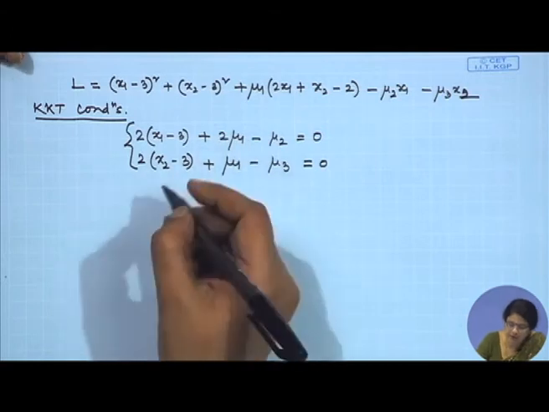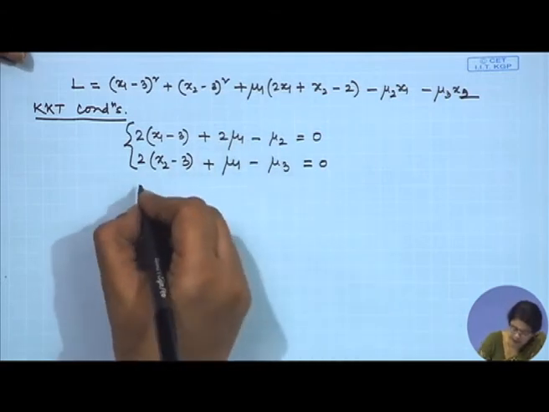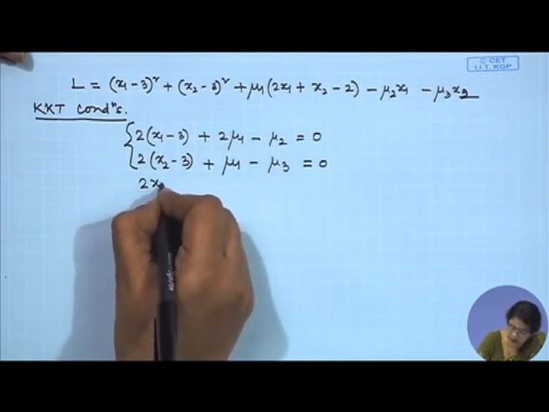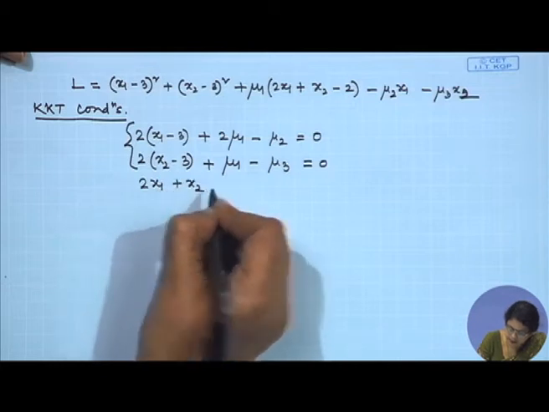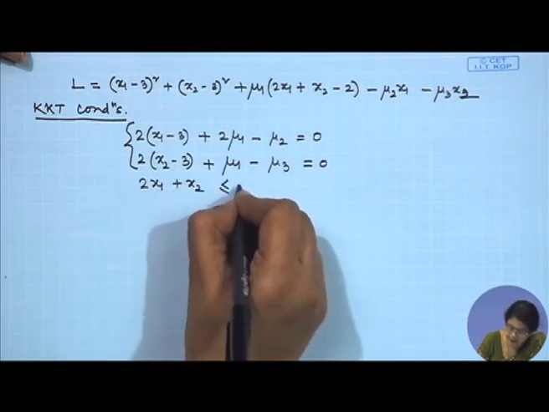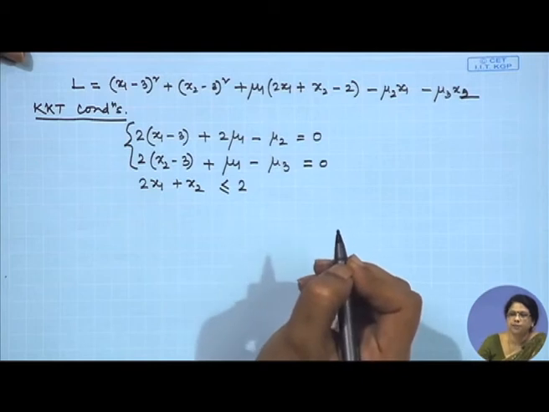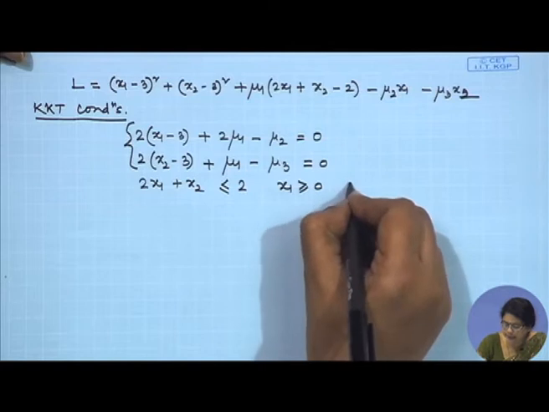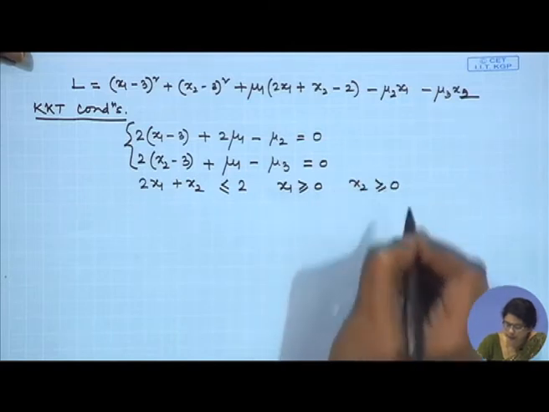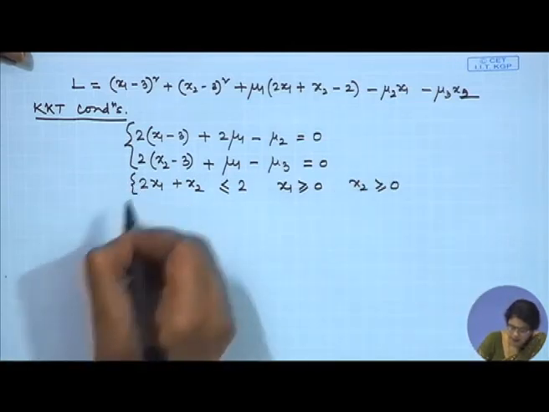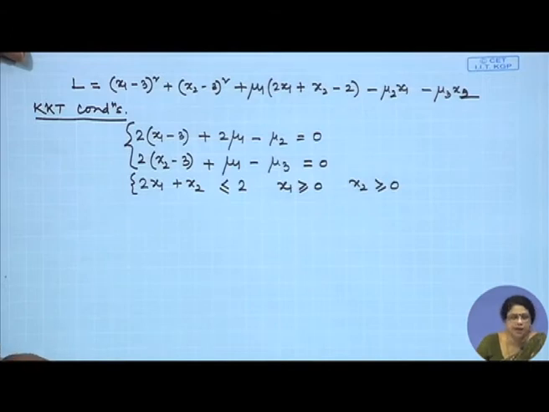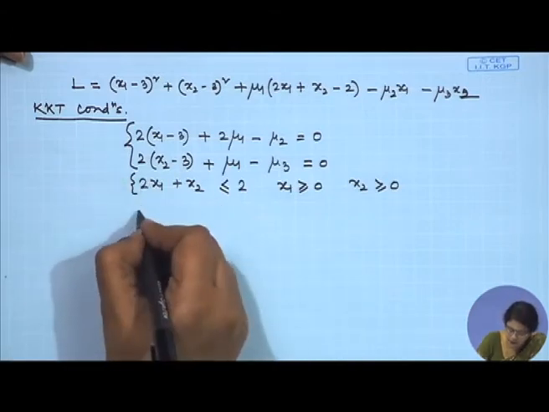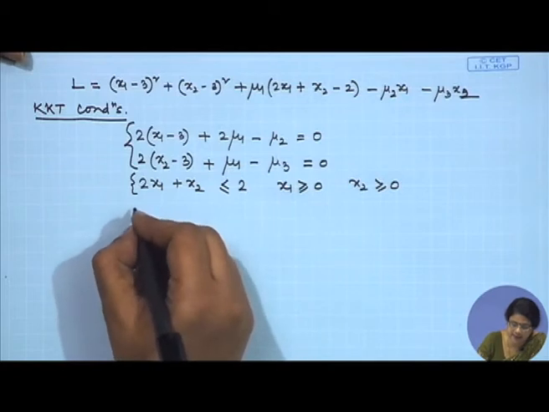What will be the feasibility conditions? The feasibility condition will be 2x1 plus x2 must be less than or equal to 2. What else? Minus x1 less than or equal to 0, rather x1 must be positive, x2 must be positive. These are the feasibility conditions. And let us go for the complementary slackness conditions.